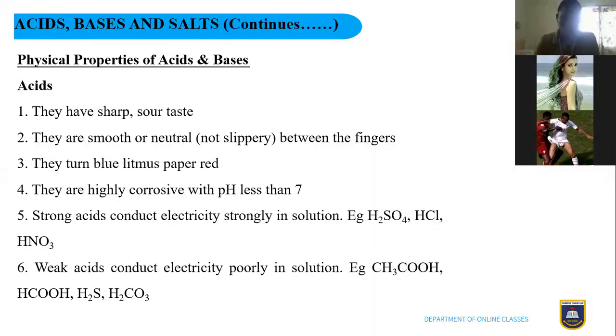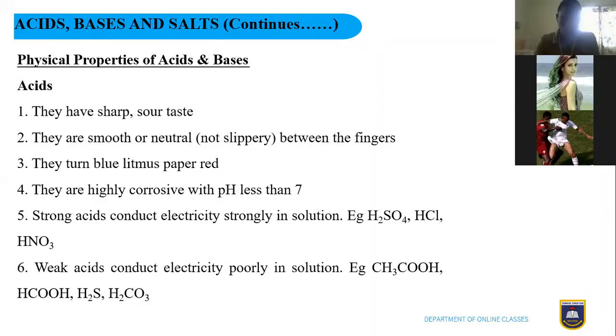Since strong acids dissociate completely, they produce more ions, more H plus ions and negative ions in solution to conduct electricity. So the conductivity is very strong compared to weak acids, because they produce fewer ions. Why? Because they ionize partially, not completely.